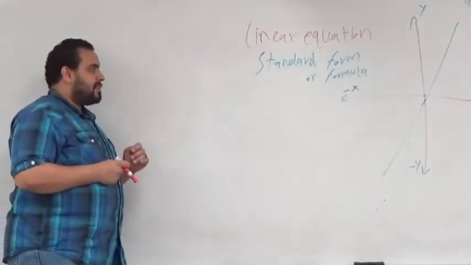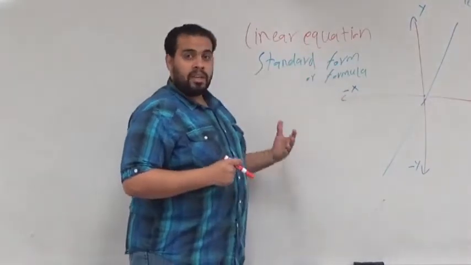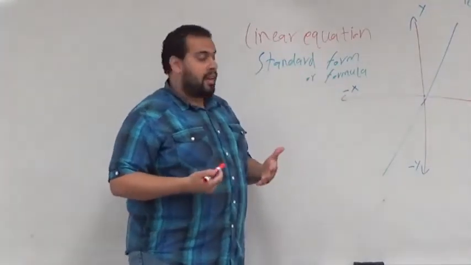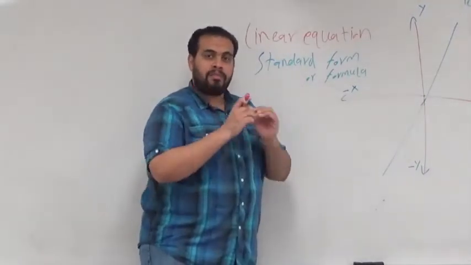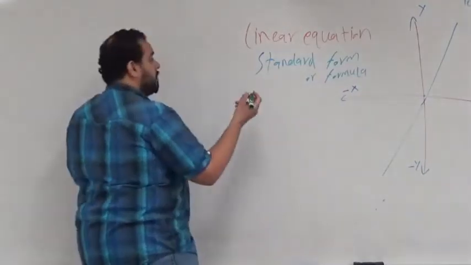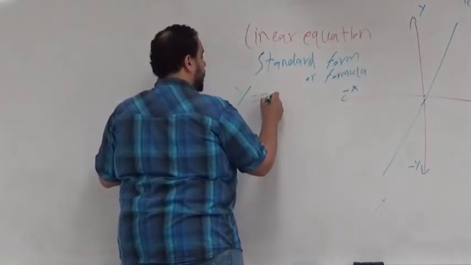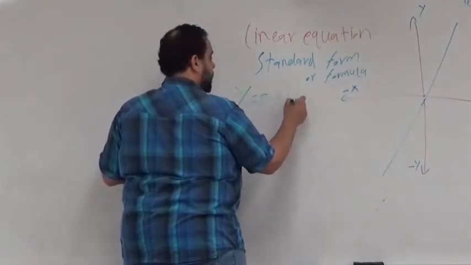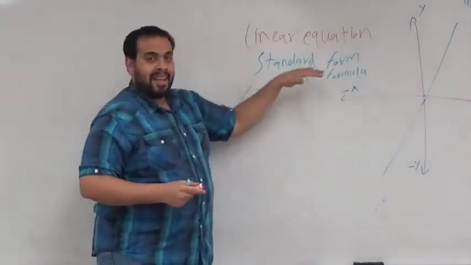Okay, ladies and gentlemen, welcome back. So here, linear equation. The linear equation has a standard form. Standard form or formula, they are the same thing, just different vocabulary. So the linear equation standard form is y equals ax plus b. Again, a linear equation has a standard form.